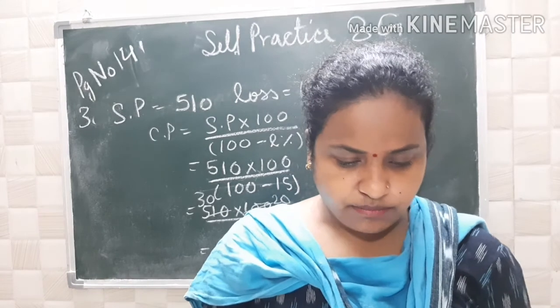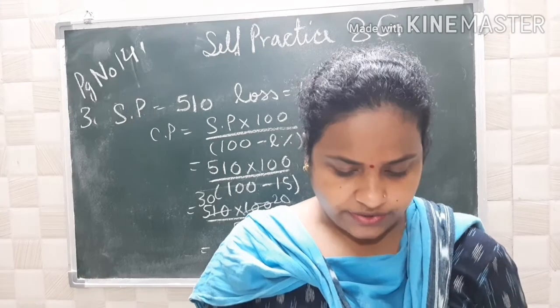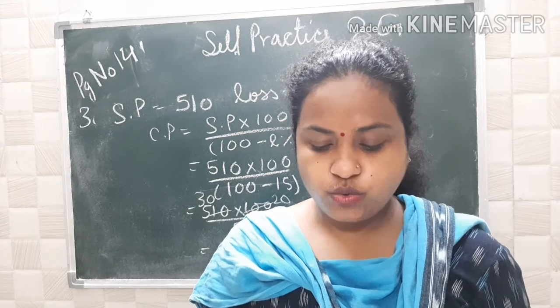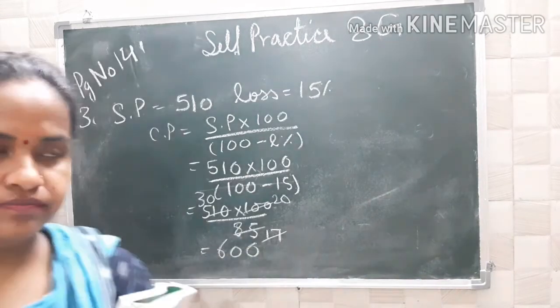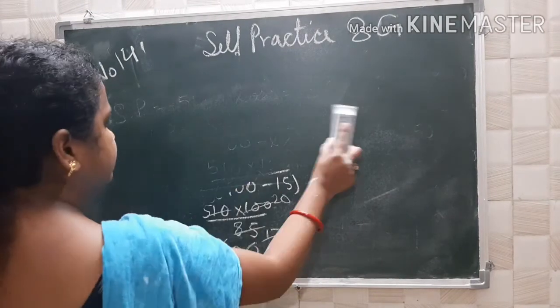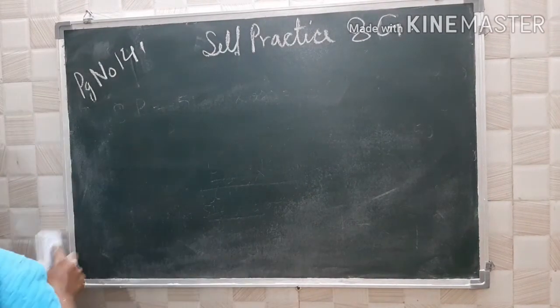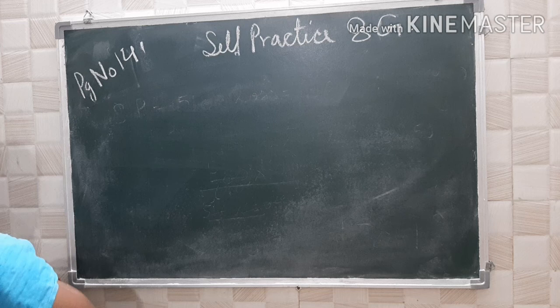A person buys a book for rupees 200 and sells it for rupees 225. What will be his gain percent? Fourth question.